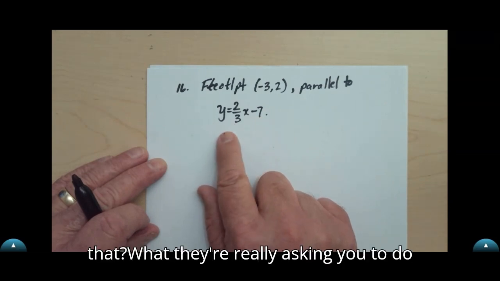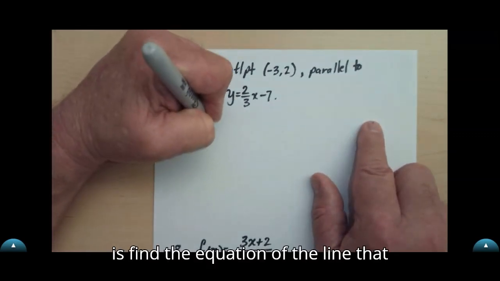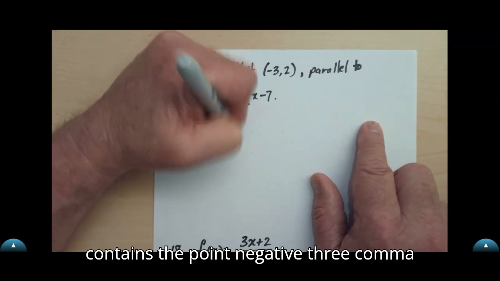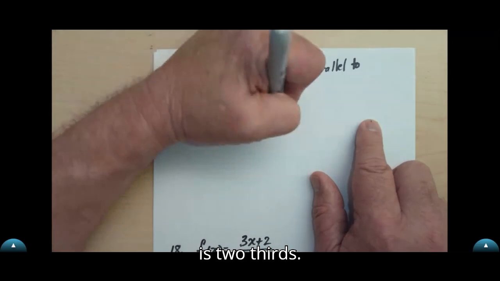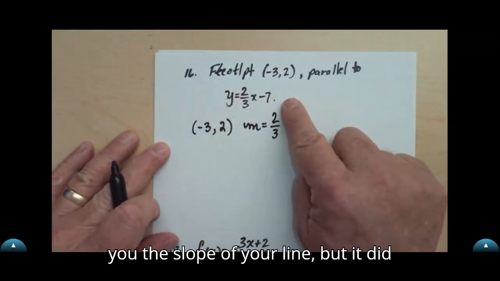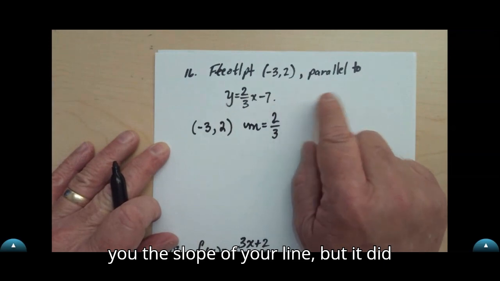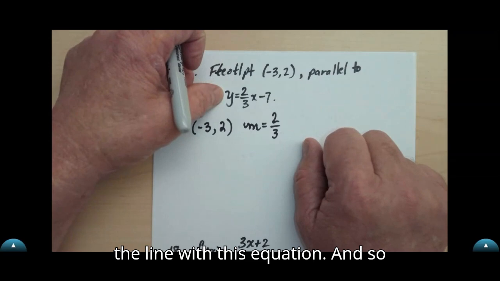Do you see that what they're really asking you to do is find the equation of the line that contains the point negative 3, 2, and whose slope is 2/3? Because see, it didn't specifically tell you the slope of your line, but it did tell you that your line is parallel to the line with this equation.